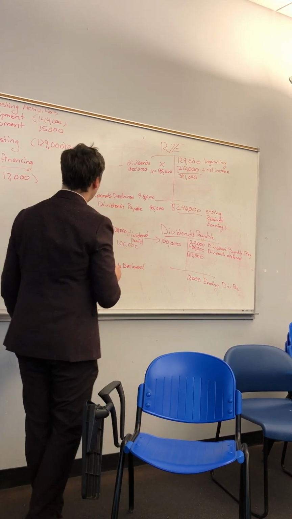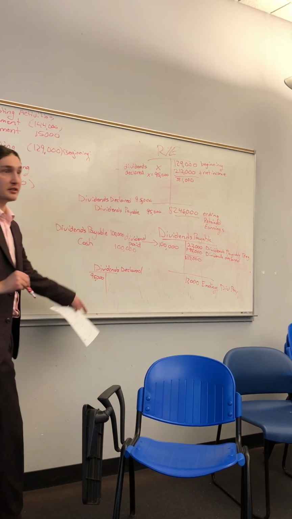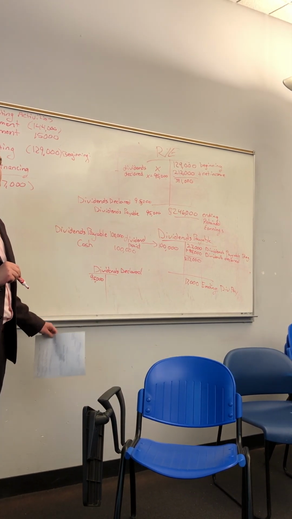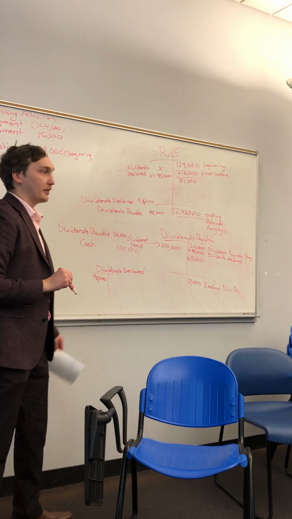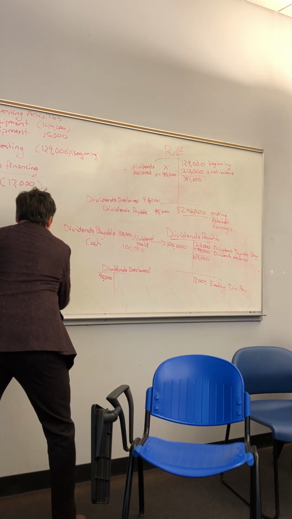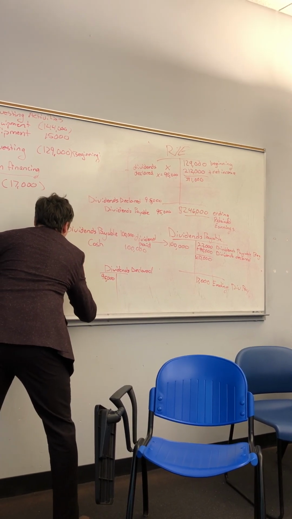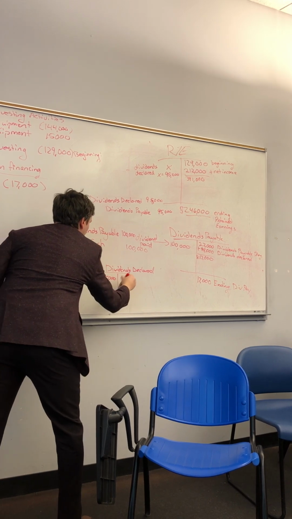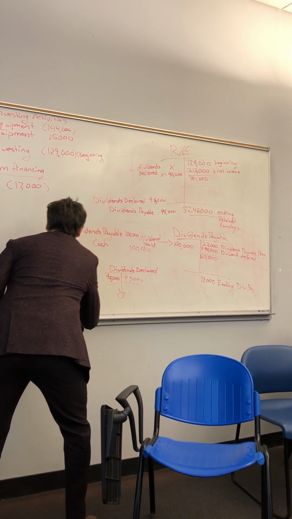If we wanted to close out dividends declared, what would we do at the end of the year? We've already made our statements. Debit retained earnings 95,000 and credit dividends declared 95,000. Perfect.